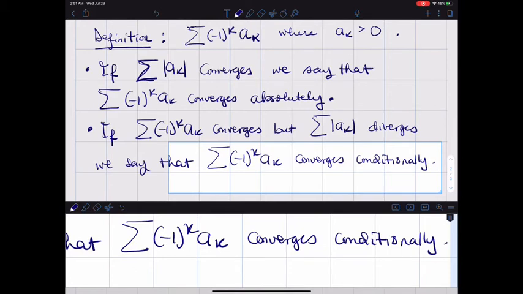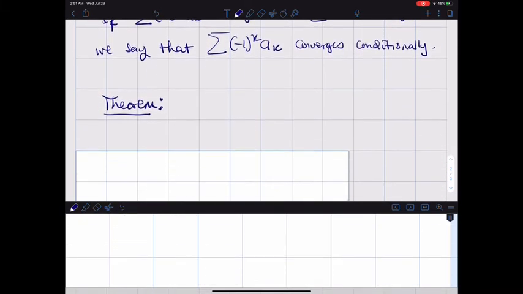All right. Now, I'm going to state a theorem. Two parts.